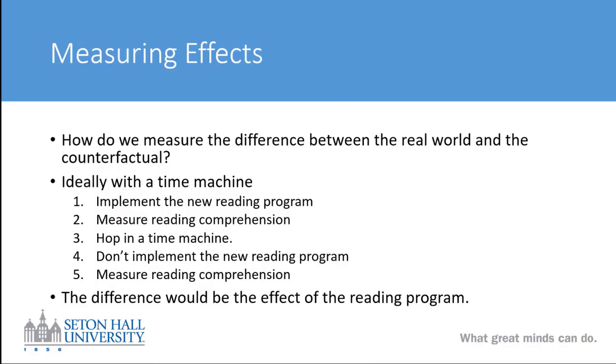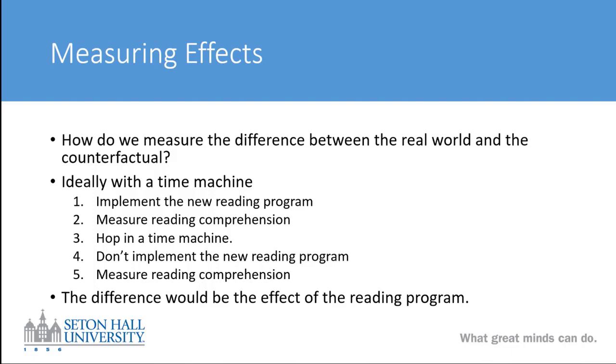So how do we measure that difference between the real world and the counterfactual? Ideally, we'd use a time machine. We would implement the new reading program. After a year, we would measure the reading comprehension of the students, right? Maybe it's some form of standardized test. Maybe it's asking the students to read a book and write some sort of book report or something at the end, however we want to measure it.